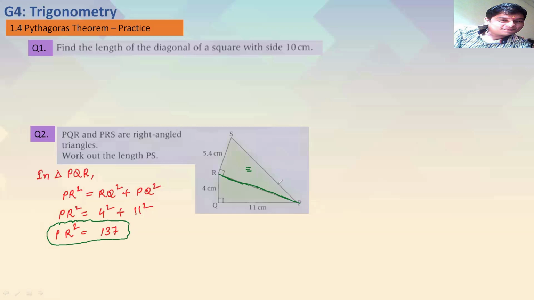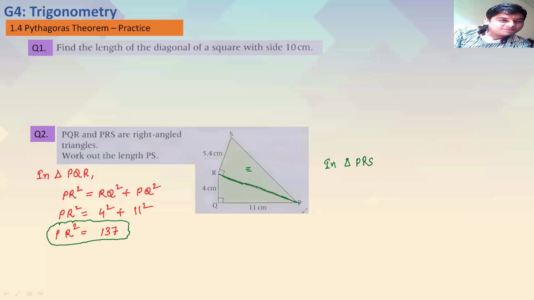So let's shift our attention to this triangle. In triangle PRS, state the Pythagorean theorem in terms of the sides that are there.